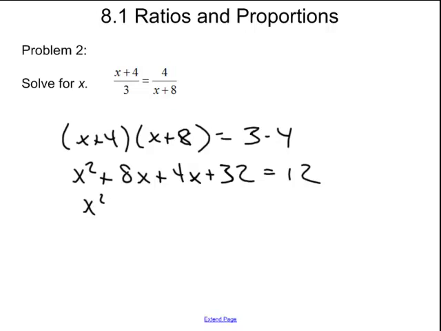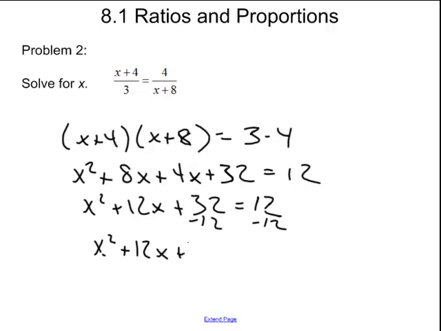So x squared plus 12x plus 32 is equal to 12. This is a quadratic. It has a squared term in it. So I want to put all the terms on the left-hand side. The right-hand side will be equal to 0 and see if it's factorable. I'm going to subtract 12 from both sides. And I'm going to get x squared plus 12x plus 20 is equal to 0.